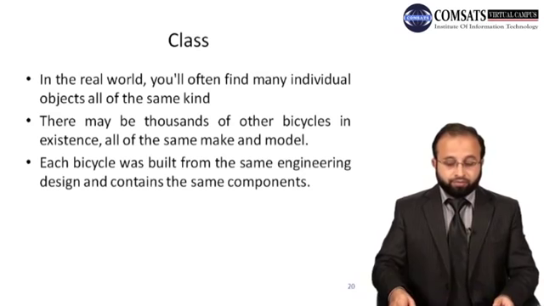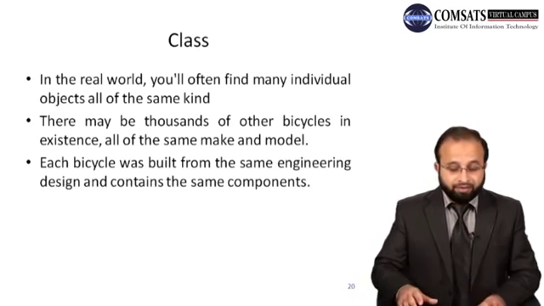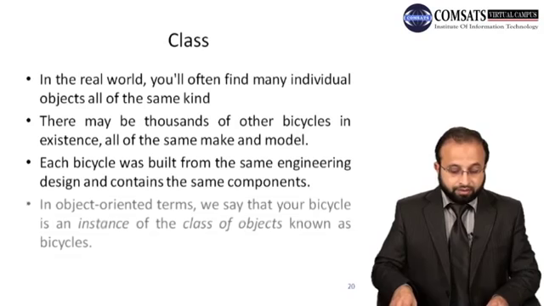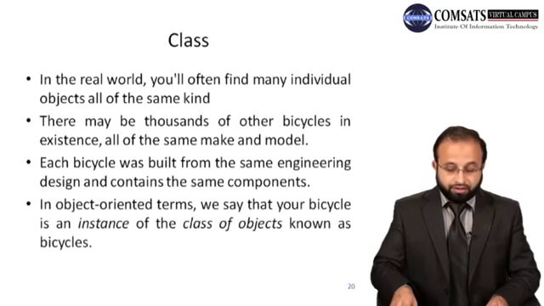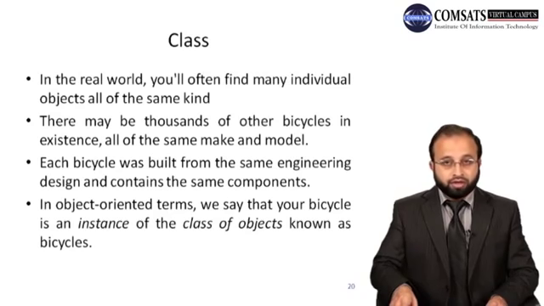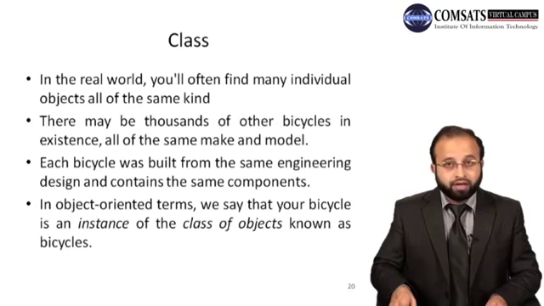Each bicycle or each car was built from the same engineering design and contains the same components. In object-oriented terms, we say that your bicycle is an instance of a class of objects known as bicycle, or your car is an instance or an object of the class of objects known as cars, right?